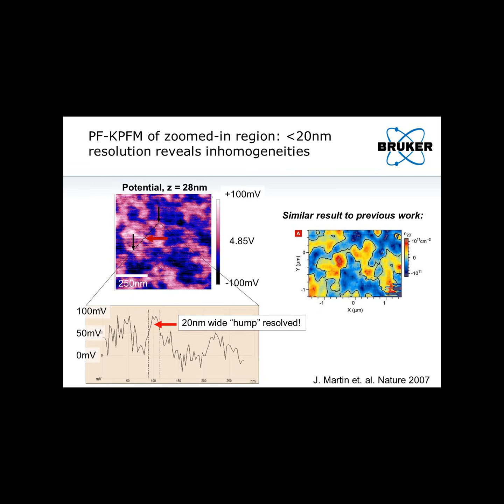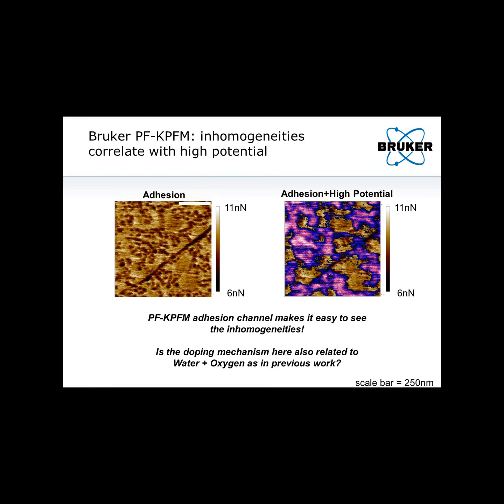So let's see if there's any correlation between this KPFM image and our topography images, which I showed earlier, and the adhesion image. Here's the adhesion image on the left, and here's just the higher portion of the KPFM image overlaid.